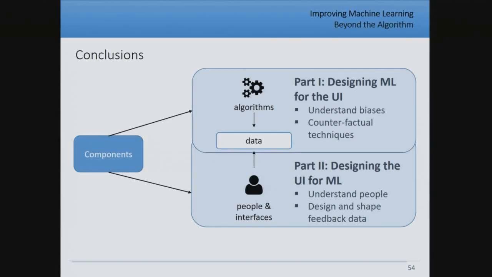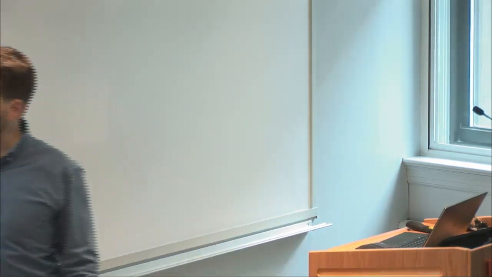To wrap everything up, I hope I was able to show that there are multiple complementary pathways to improving machine learning beyond the algorithm. In the first part, I talked about how to improve ML in interactive systems by understanding the biases in the data, and then we used techniques from counterfactual inference that allowed us to include these biases into learning to build more robust ML systems.